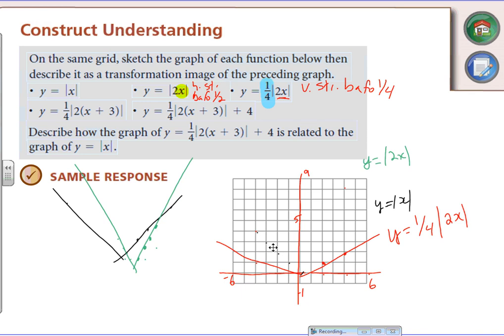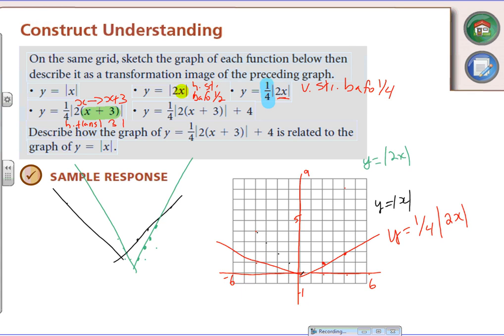Now what we did, we still have everything the same, but we've replaced x with x plus 3. As soon as we do that, that's a horizontal translation. Horizontal because it's x. Translation because there's adding and subtracting in there. And 3, when we're talking replacements, it's always the opposite.